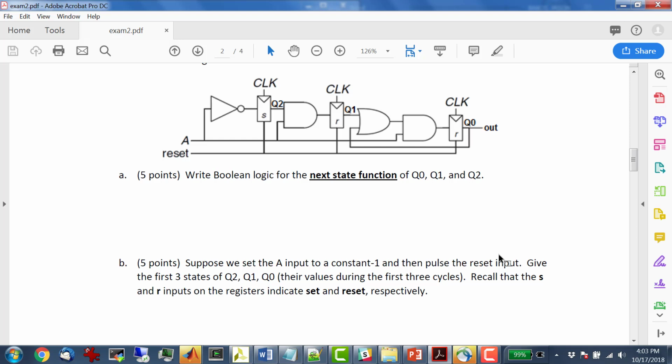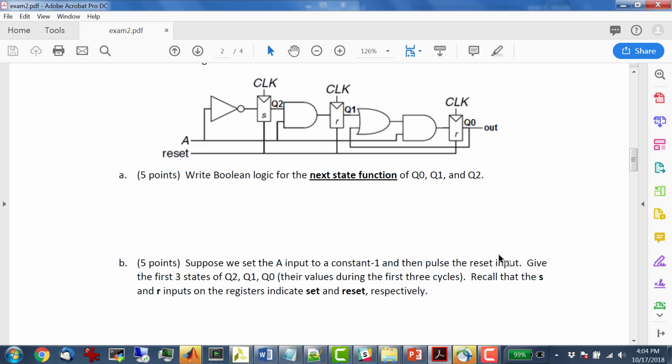So the state in cycle 1, if it's a function of the current state, you have to go back one cycle, right? So cycle 1, Q2 is 1 and A is 1, so the next Q1 will be 1. You guys with me?